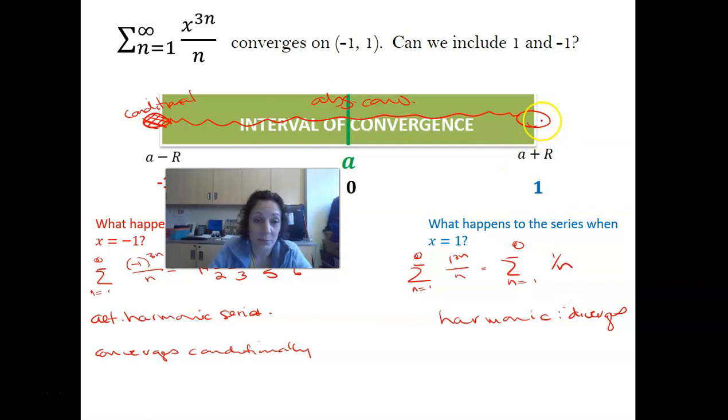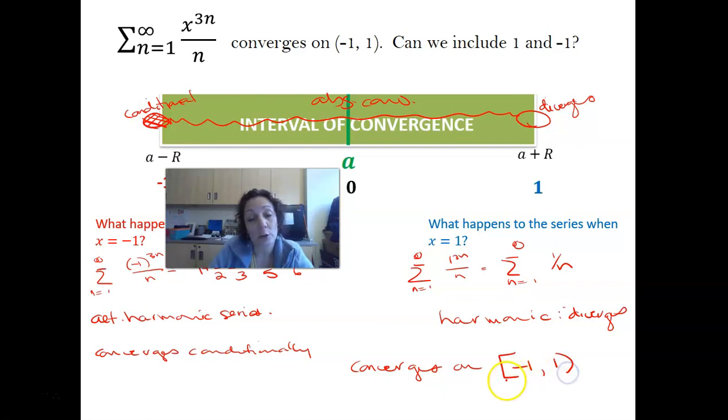So I cannot use this point. So when I look at my interval, if they say, where does this thing converge? We can say it converges on -1 to 1. I can include the -1 because it converges conditionally there. I cannot include the 1.